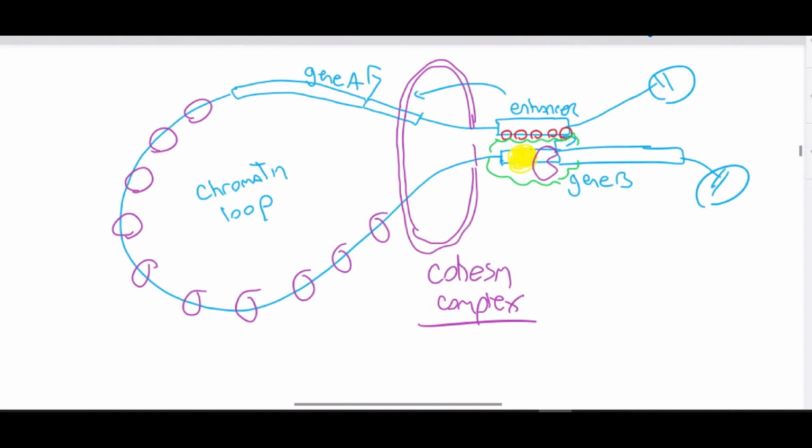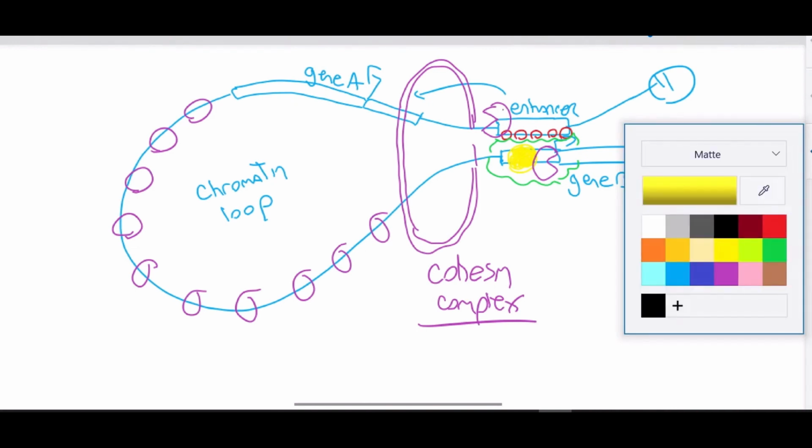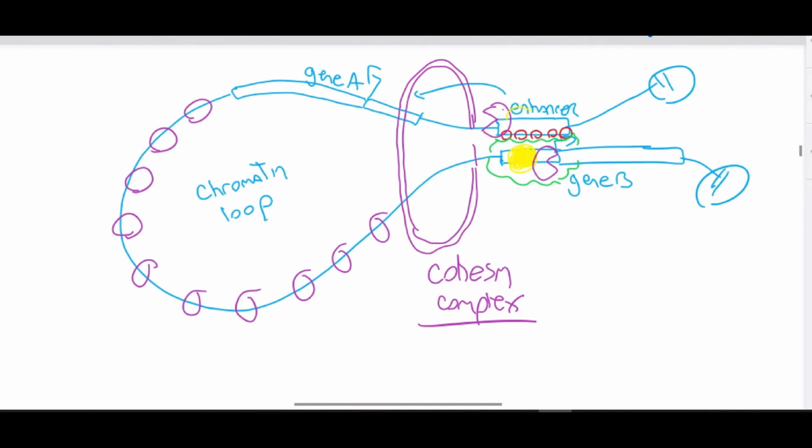Now, in recent years, researchers have found that enhancers are transcribed by RNA polymerase II to make enhancer RNAs. So there's an RNA polymerase II, and if we have RNA polymerase II loaded on DNA and transcribing RNA, well, we can probably bet that the general transcription factors are going to be there also.